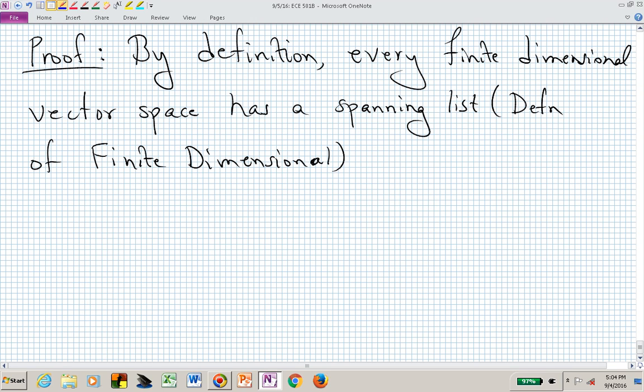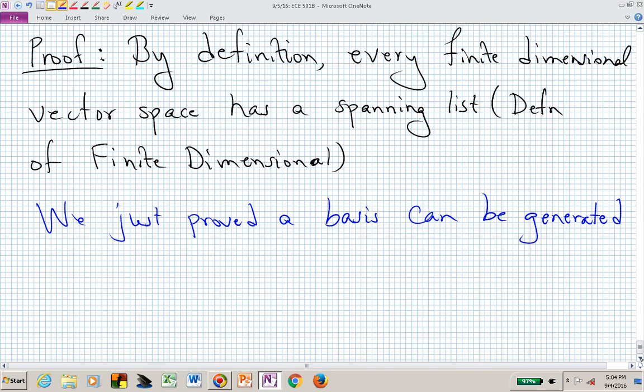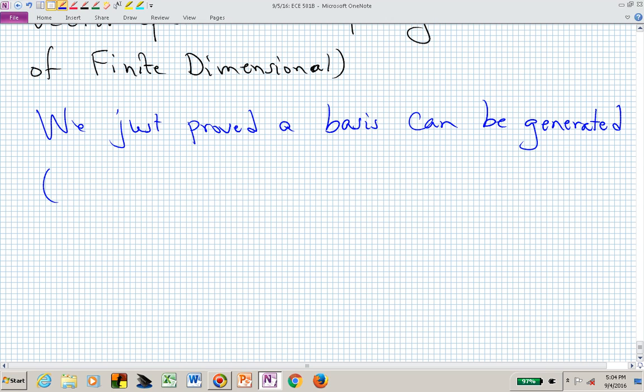And we just combine that with what we've already done as far as finding a basis by reduction. We just proved a basis can be generated or created or identified by our reduction process, identifying linearly dependent vectors and discarding them, throwing them away.